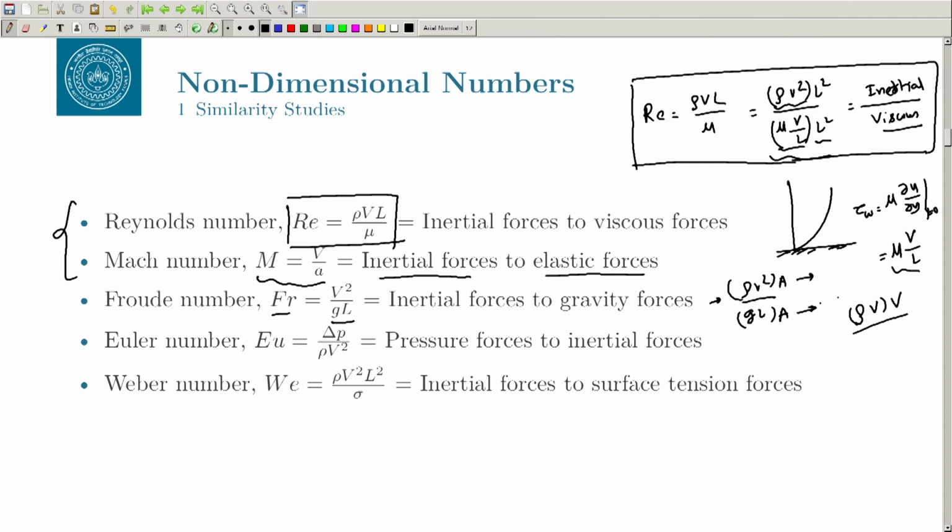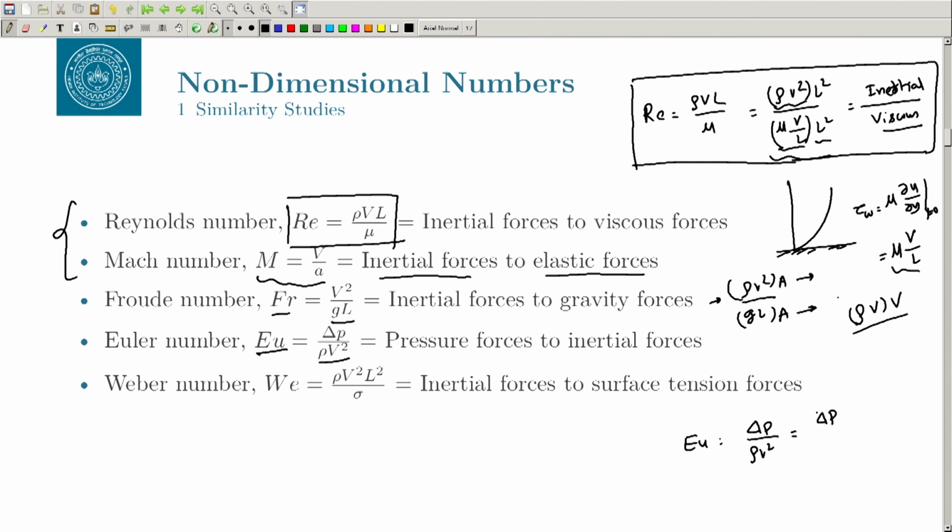Similarly, you have this Euler number, which is basically the ratio of the pressure forces to the inertial forces, right. So, you know there are pressure terms and the inertial term in your Navier-Stokes equations, and you take the ratio between the two. This is the pressure, delta P. So, there is some pressure gradient there. So, your Euler number will be delta P by rho V square.